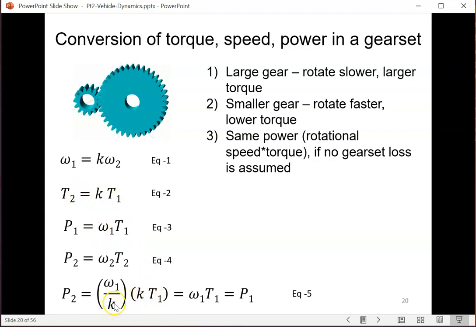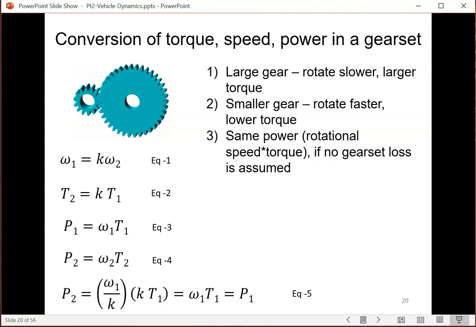The K in the denominator cancels that K out, so that will give you omega 1 times T1. So omega 2 times T2 is the same as omega 1 times T1, that's the power of this first disc. So the mechanical power on both sides will be the same.